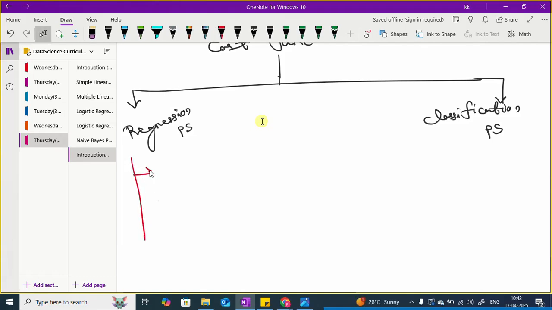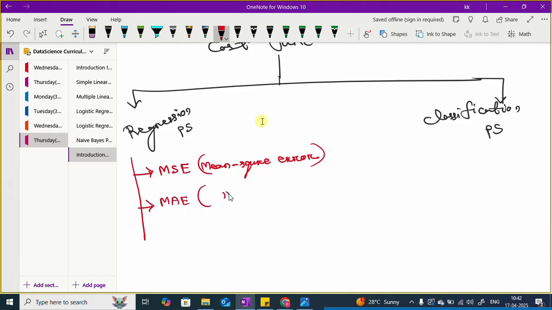Simply let me write an example. The first one is MSE, mean square error. Then the second one is MAE, mean absolute error.